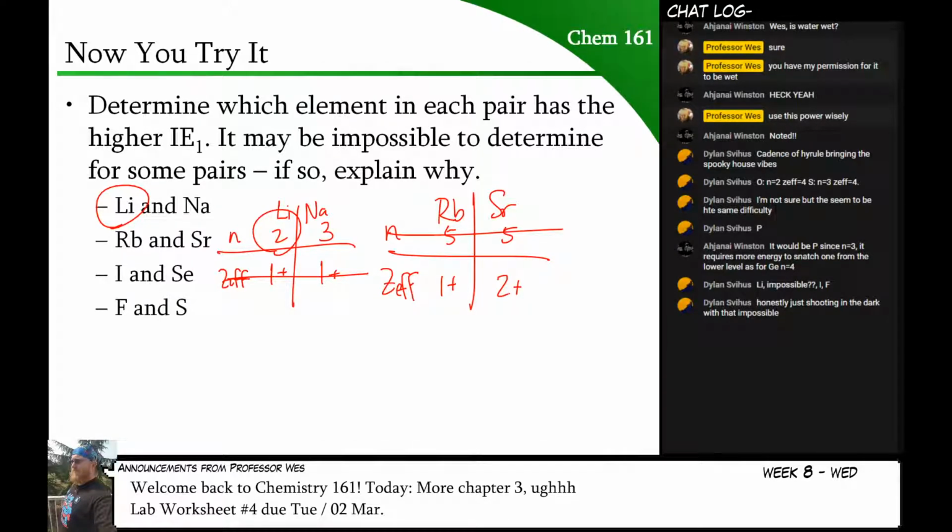Okay, which is harder to pull an electron away from? A force of 1 plus or a force of 2 plus? It's got to be this one. So strontium is the one that's harder to ionize in this case. Because its electrons are being pulled towards it with more force.